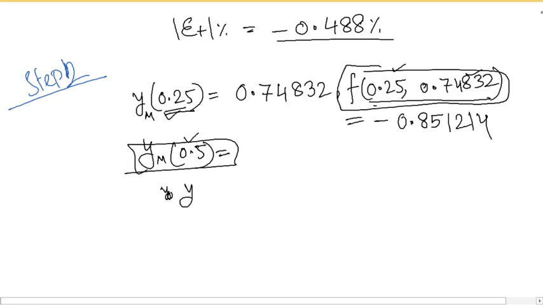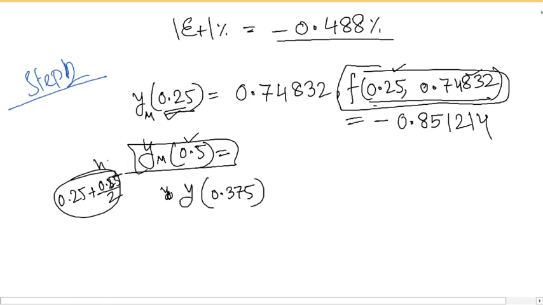In between these two, the midpoint value will be, as you all know, 0.375. That is 0.25 plus 0.25 by 2. The increment, half of the increment, will give you the midpoint. For this midpoint value we can use the Euler method.